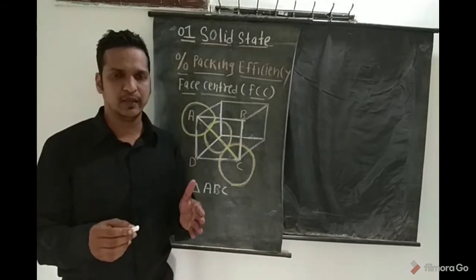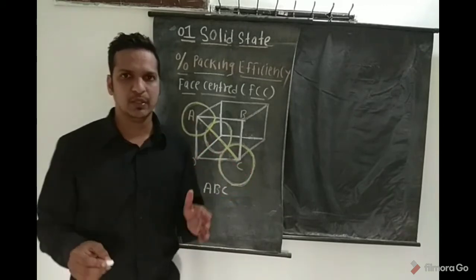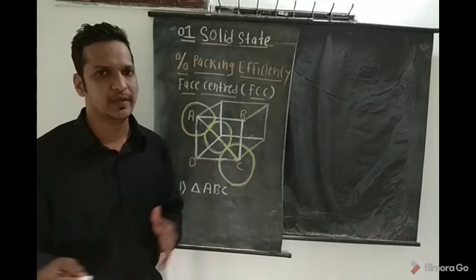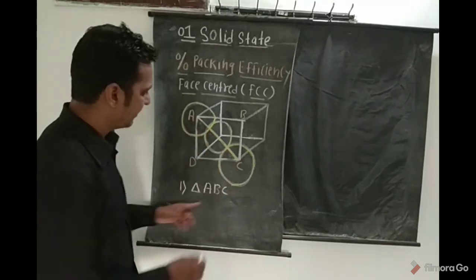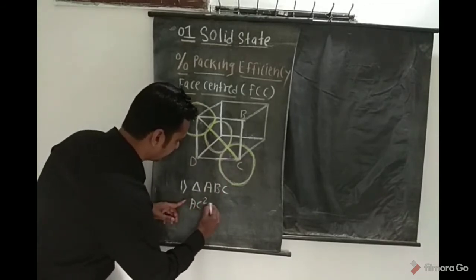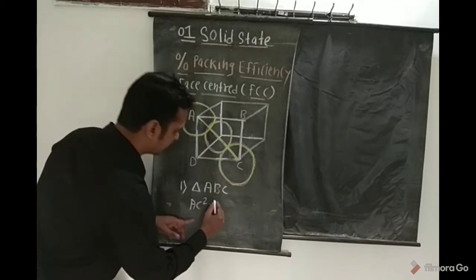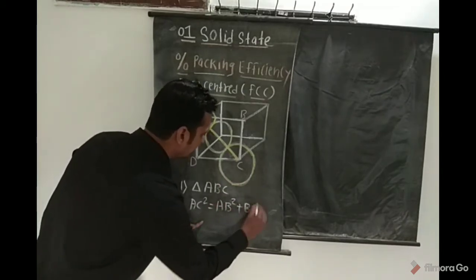So according to the Pythagoras theorem, AC square is equal to AB square plus BC square.